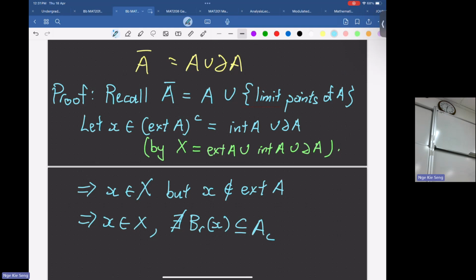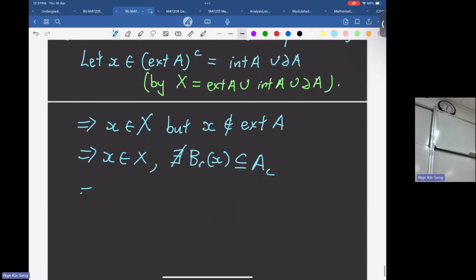These are the two possibilities. But these two possibilities are exactly what? Closure. Yeah. So we want to argue that this point actually is in the closure.